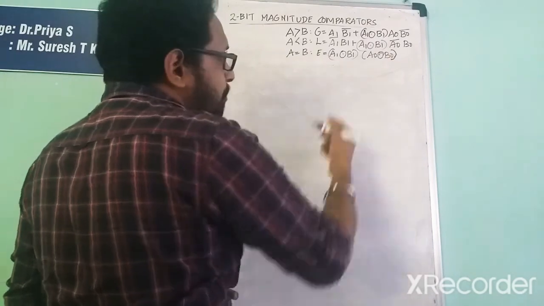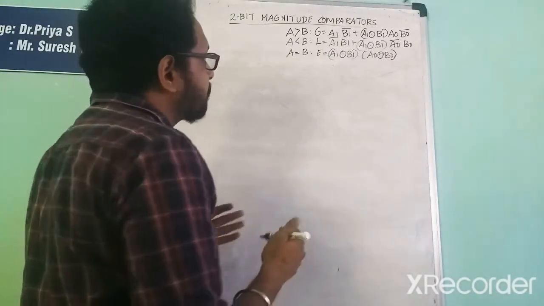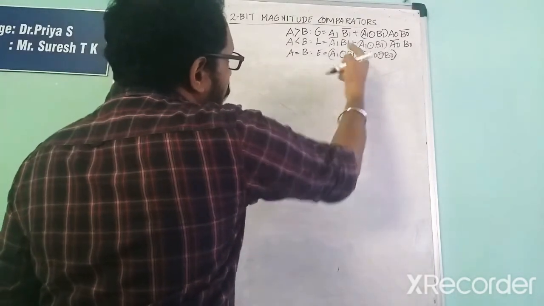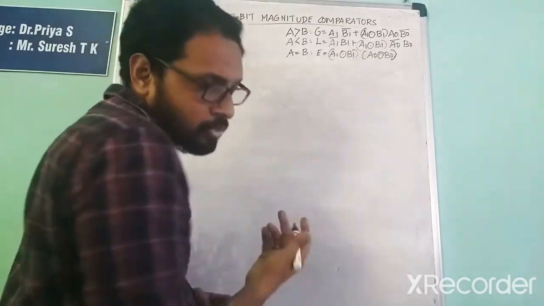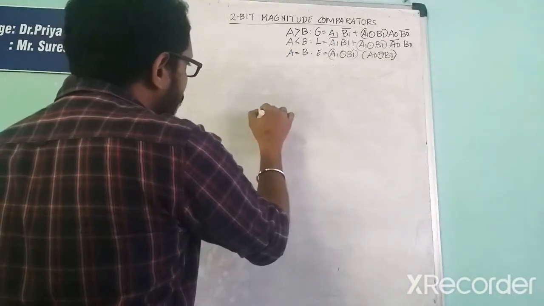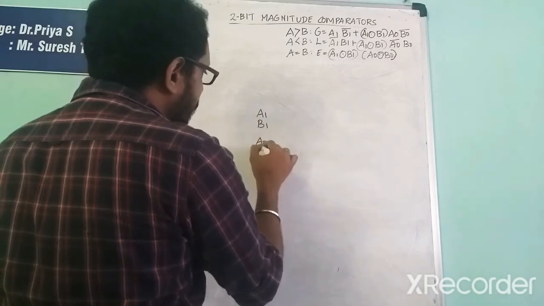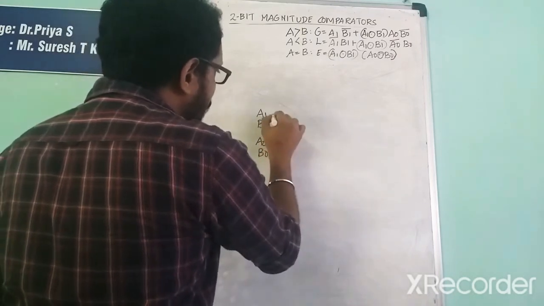Always the equality part should be drawn first; that's the easy method. We have an AND operation of 2 XNOR operations. So we will start from A1, B1, A0, B0.